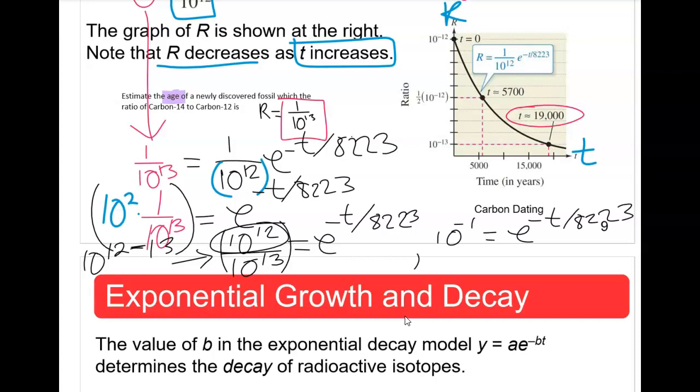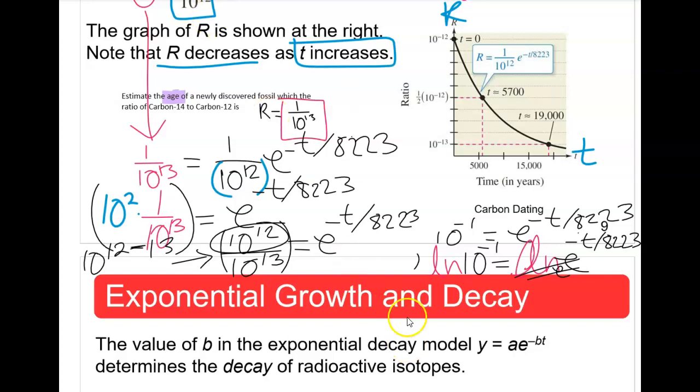So now what we could do is take the natural log on both sides of the equation, because we want to somehow cancel e. So here's ln of 10 to the negative 1, and then ln of e to the power negative t over 8,223. You know that ln is base e, so that cancels out.